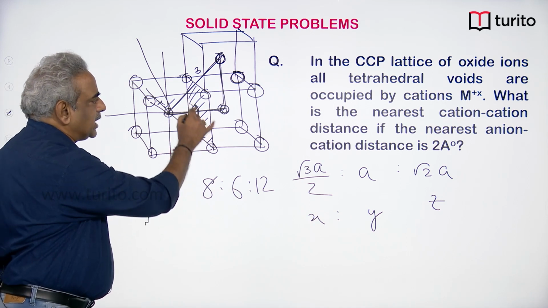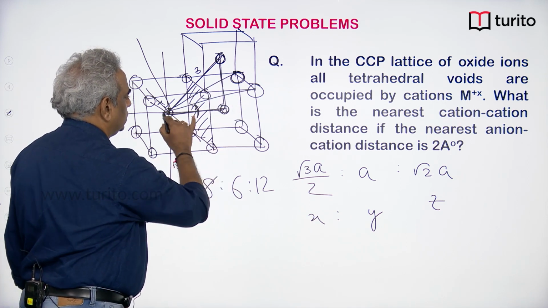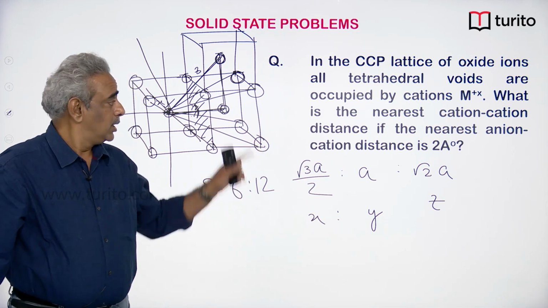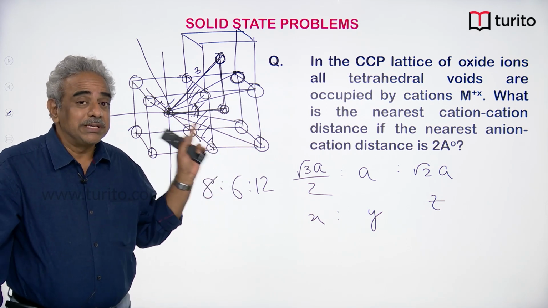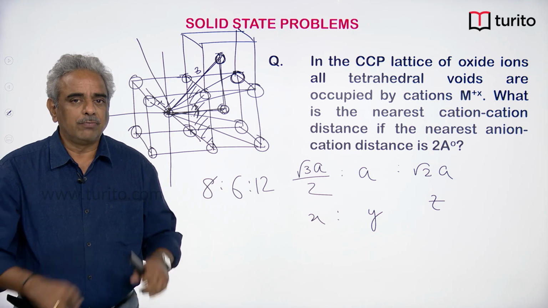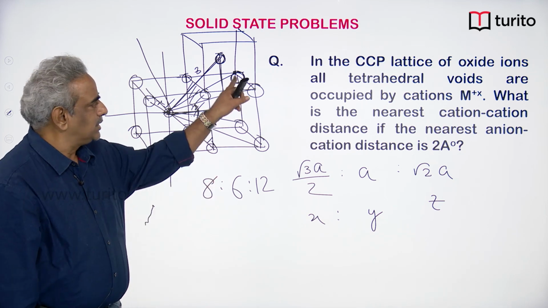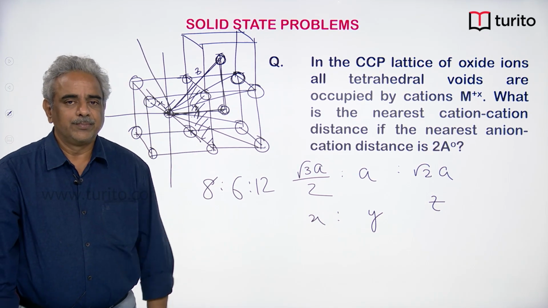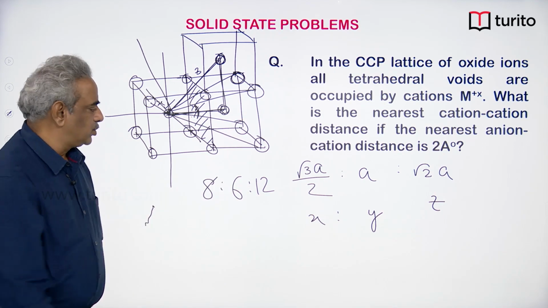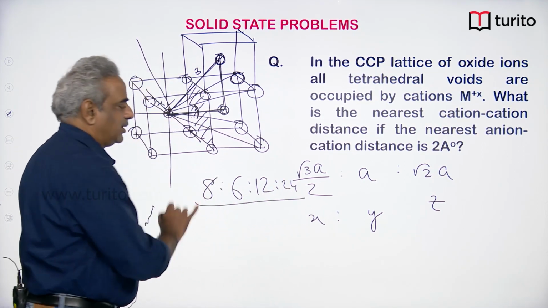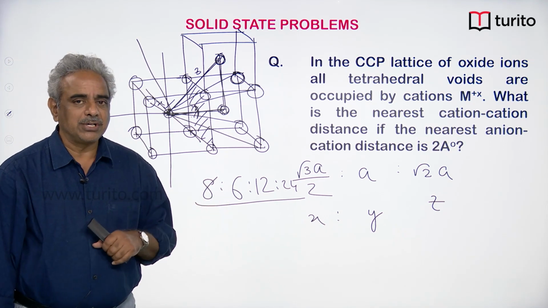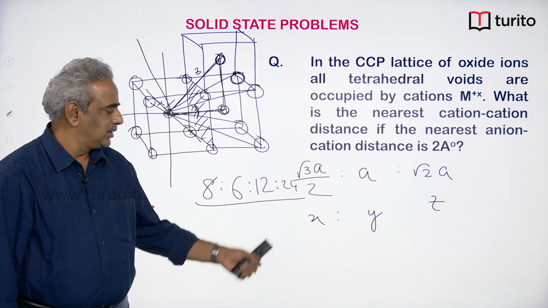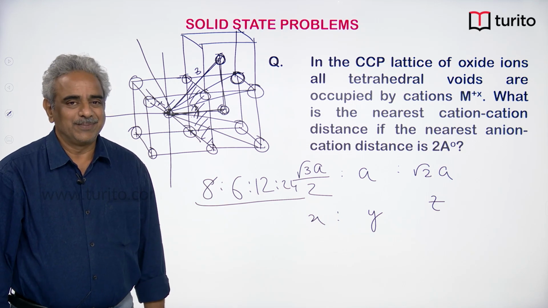You are travelling across this face. 1, 2, 3, 4. 4 spheres on one face, but you have got 6 faces to this unit cell. So, if you travel across one face, you are seeing 4 spheres. When you are travelling across 6 faces, 6 fours are 24 spheres. 8 is the first coordination number, 6 is second nearest, 12 is third nearest, 24 the fourth nearest.